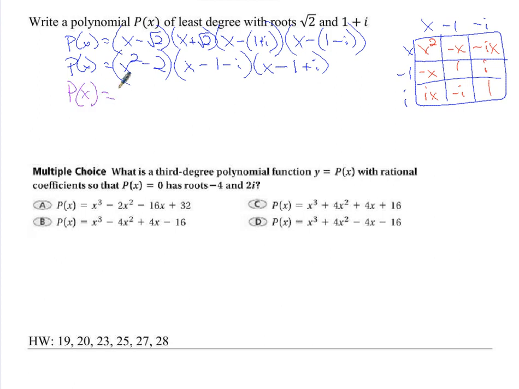We have this front term here, x squared minus 2 times, what do we get? X squared. Negative x plus negative x is negative 2x. So this one's gone, these two are gone. ix and negative ix, those are gone. Negative i and positive i, those are gone. So I get plus 2.